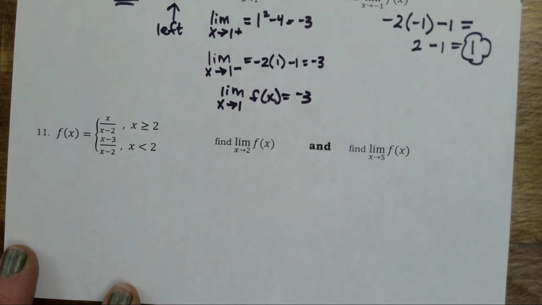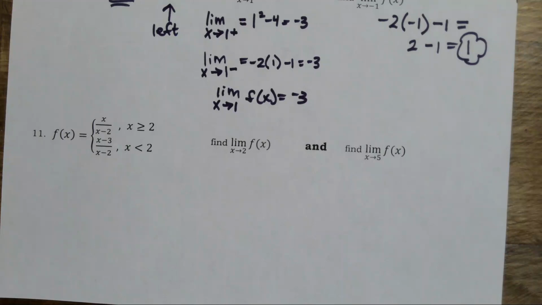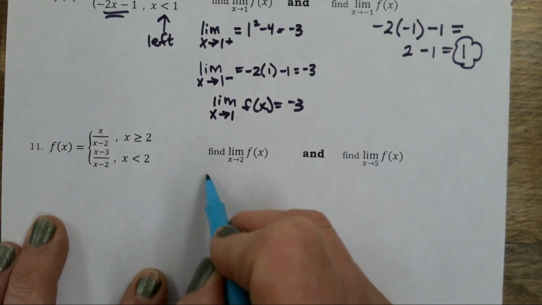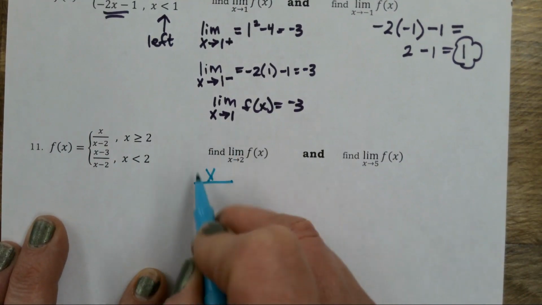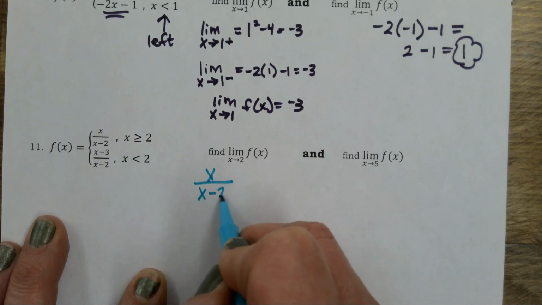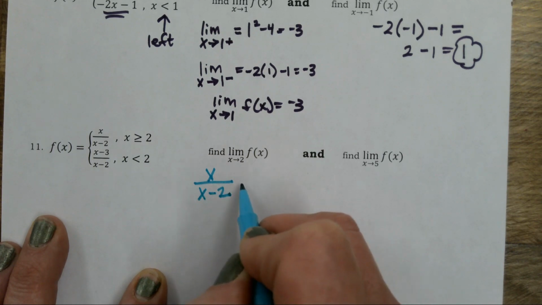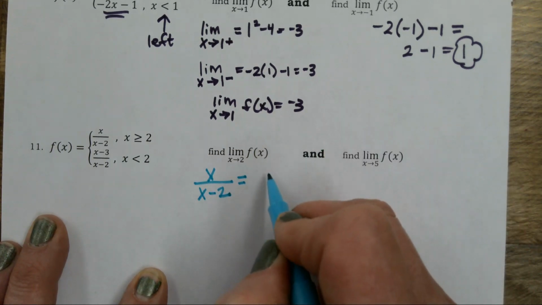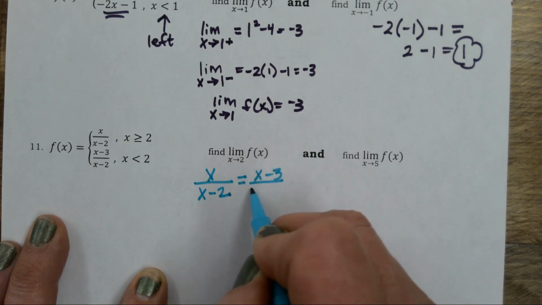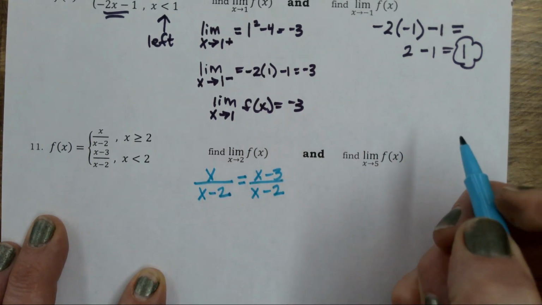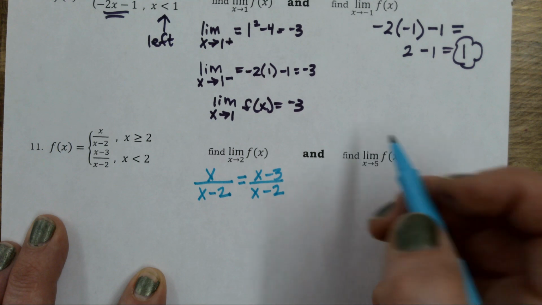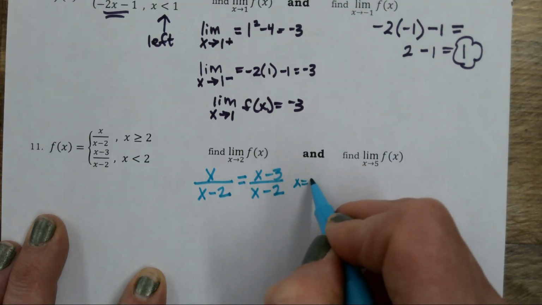All right, let's do our last one. I want to check to see if x over x minus 2 will have the same value as x minus 3 over x minus 2 when x is equal to 2.